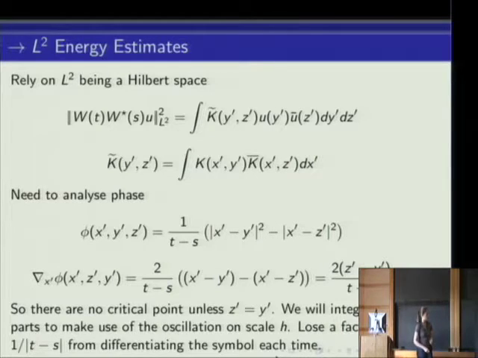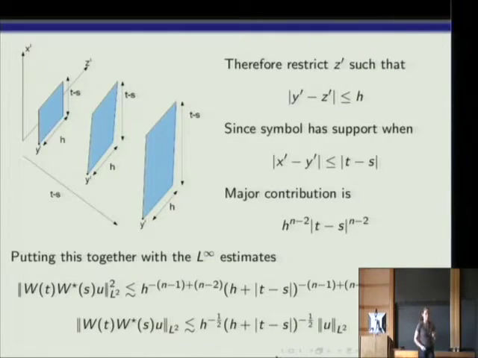Every integration by parts is going to pick up an h factor, because we're oscillating at 1 on h, and a t minus s factor from here. But because of our symbol, which has small support, we're going to lose that t minus s. We pick up 1 on t minus s from each differentiation of the symbol. So putting that all together, the principal contribution comes when there is no oscillation.